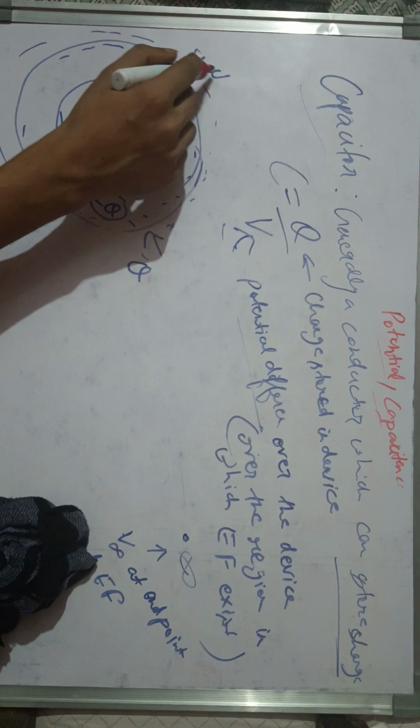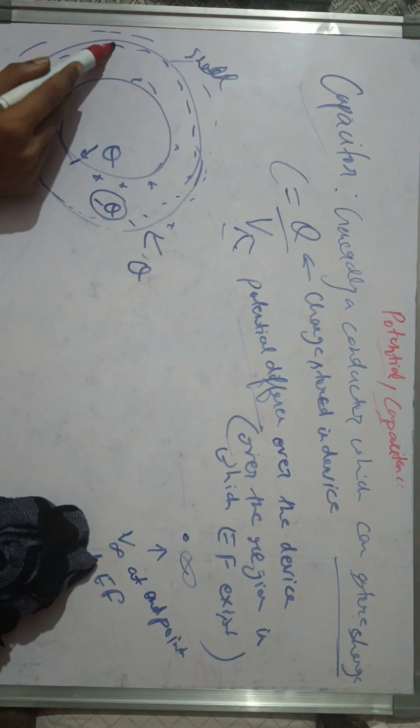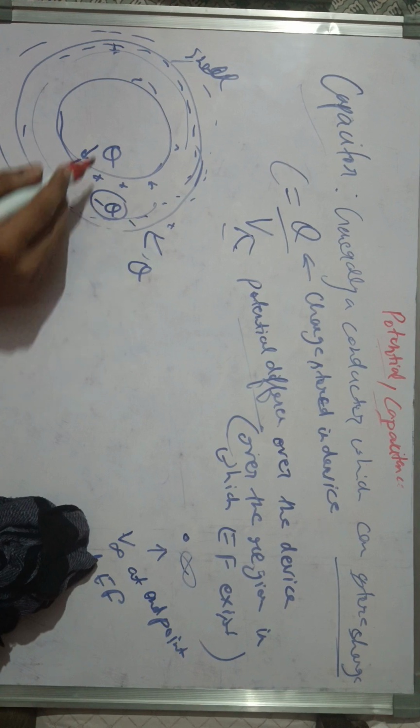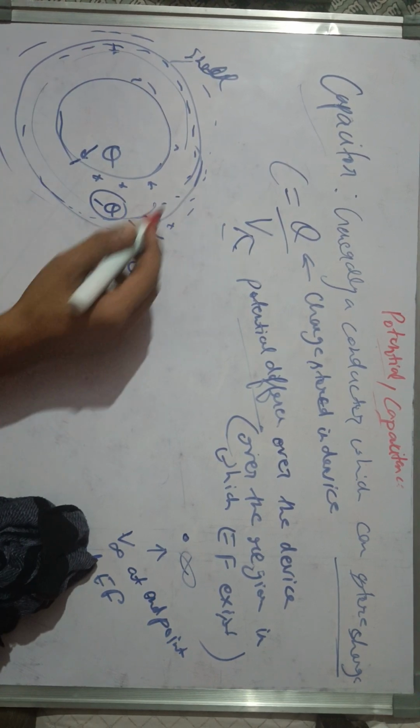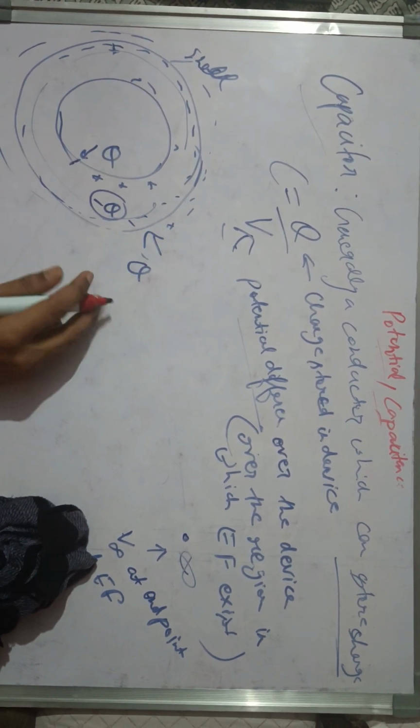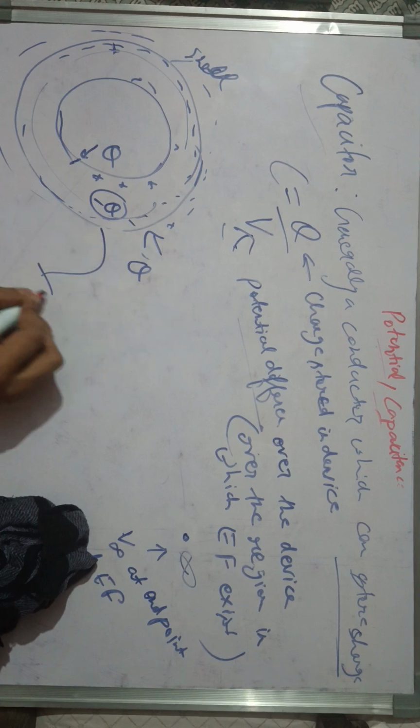This is a shell of some thickness. The inner side has some minus q charge spread over, and the outer side has some plus q charge spread over. And in this case, let's say I am grounding this outer surface.